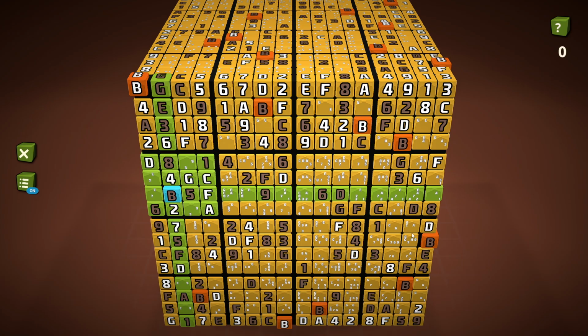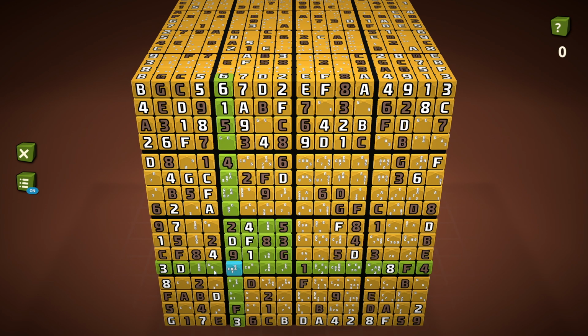No, one of those. B is for banana. No banana. So this... Oh, wait. This row, the B has to... This box right over here, the B has to be on the bottom.